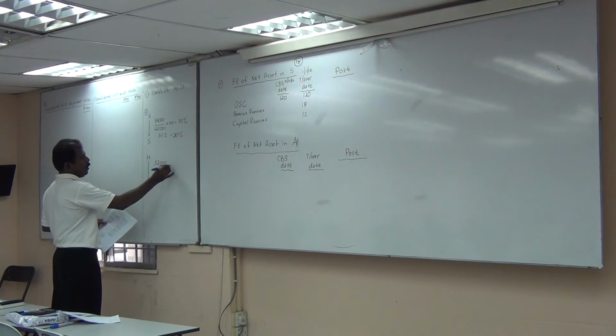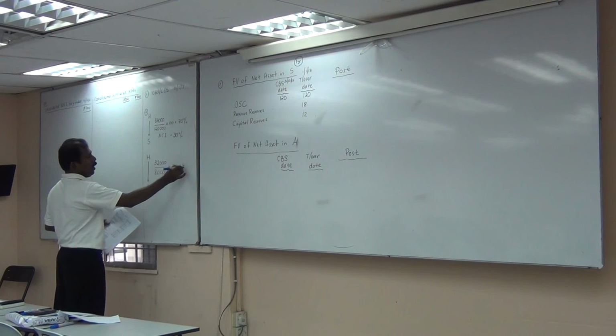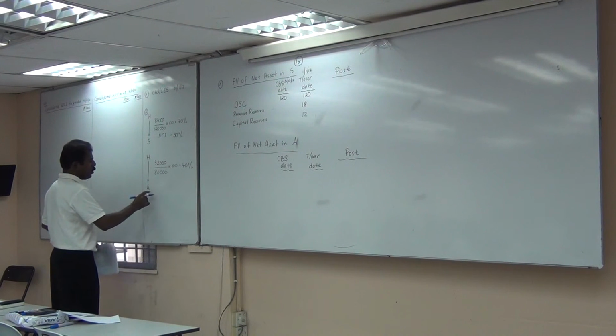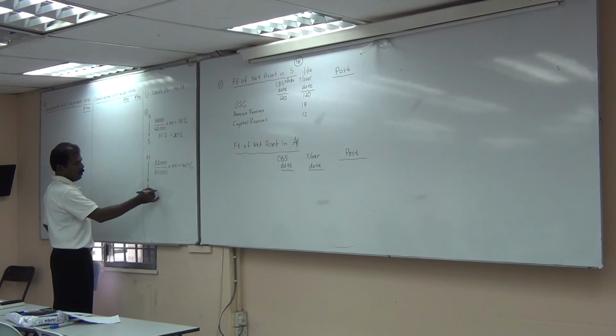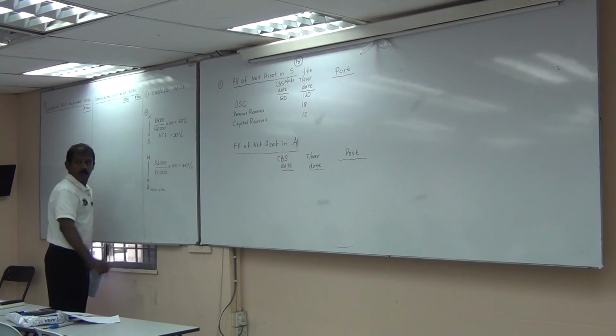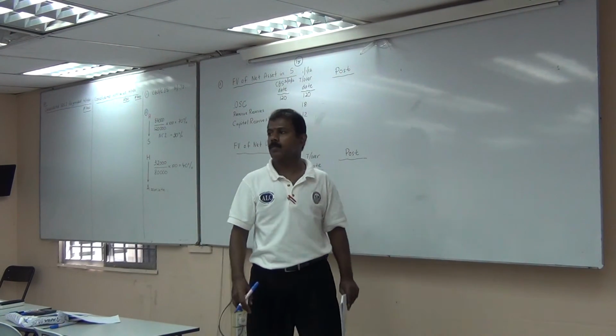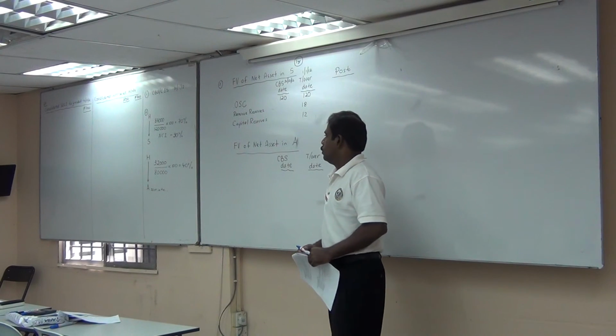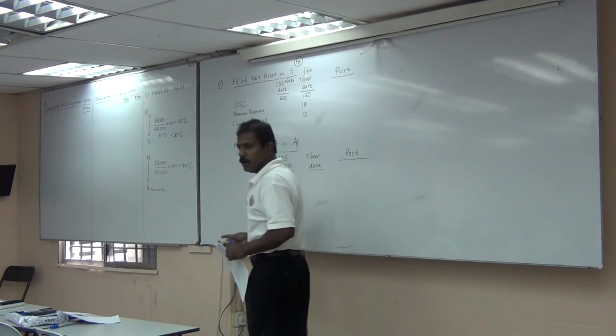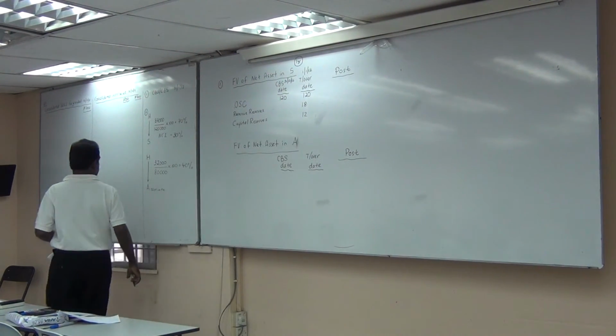So how many percent? 40%. So what is A? Associate. S is what? Subsidiary.